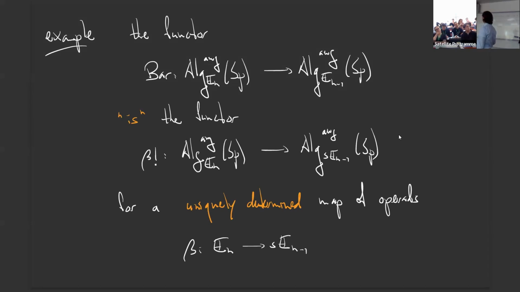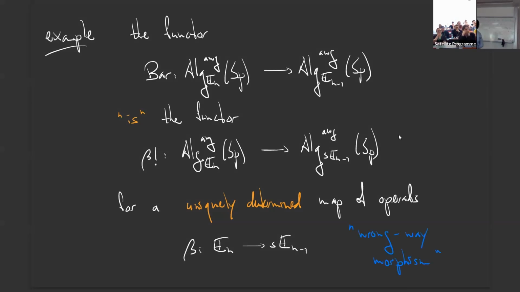So I'm claiming the bar construction essentially uniquely determines a map of operads that I'll call beta. It goes from E_n to an operadic suspension of E_{n-1}. And I'm claiming the bar functor here is just this pushforward functor beta-lower-star that goes from E_n algebras to E_{n-1} algebras.